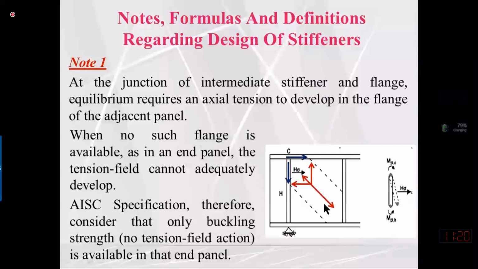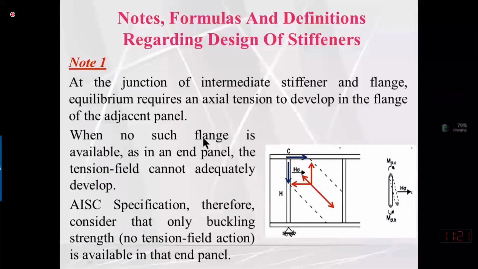At the junction of intermediate stiffener and flange, equilibrium requires an axial tension to develop in the flange of the adjacent panel. When no such flange is available as in an end panel, the tension field action cannot adequately develop.